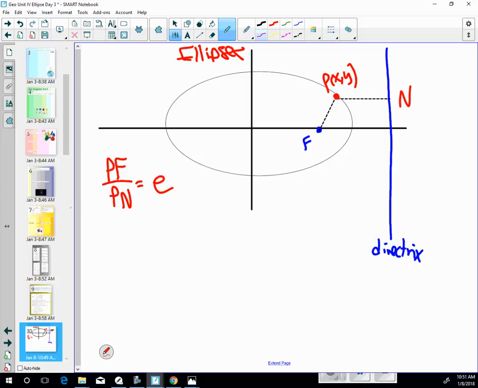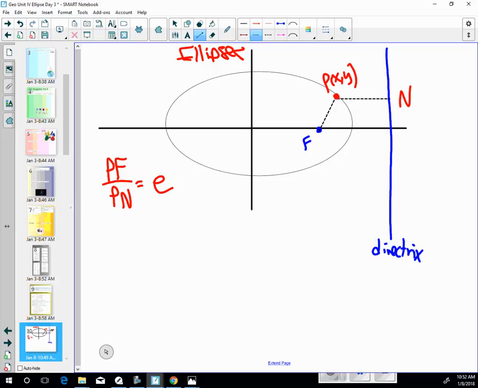Now, what if I went, instead of to this directrix, let's say I went to another directrix, or let's see, I went from here to here. Yeah, this is fine.